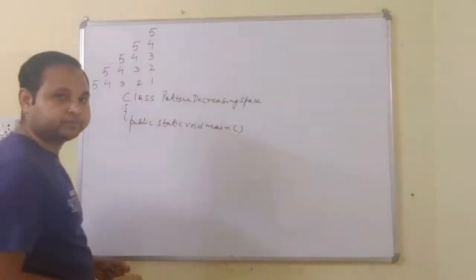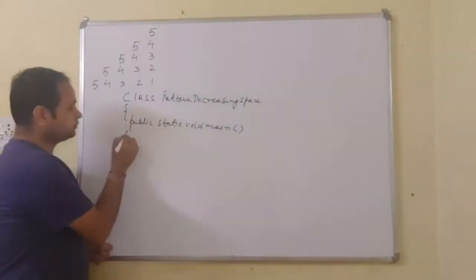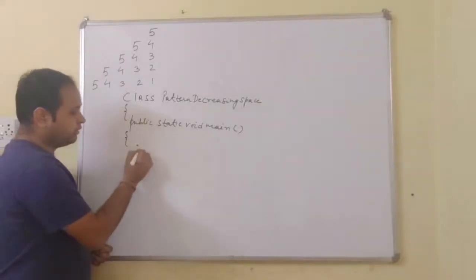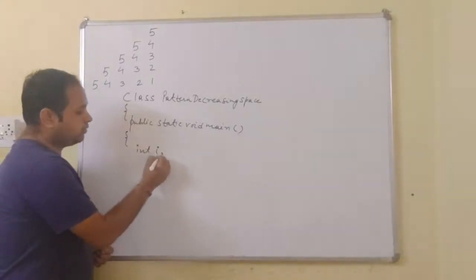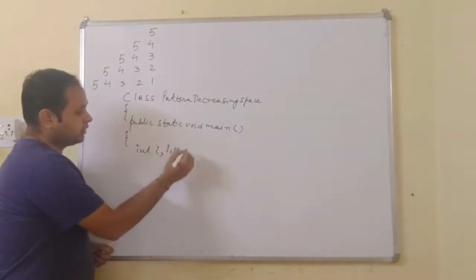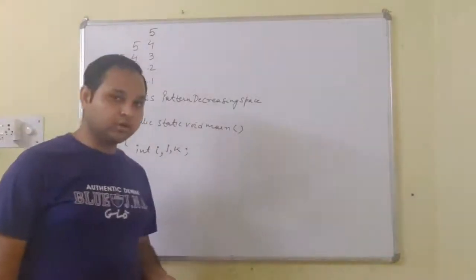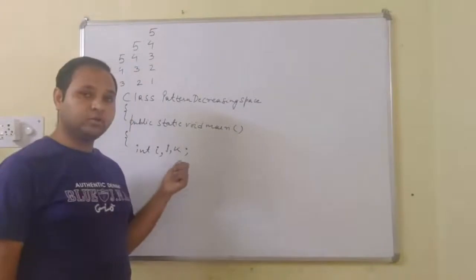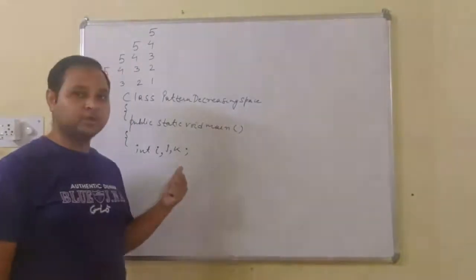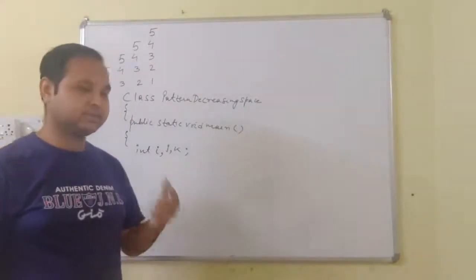Okay. Then I take the variables int i, comma j, comma k. So i is basically used to run the outer loop, j is to run the loop for printing the element, and k is used to run the loop to print the space.